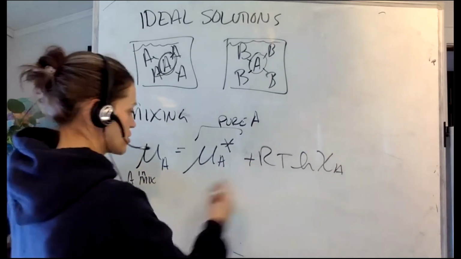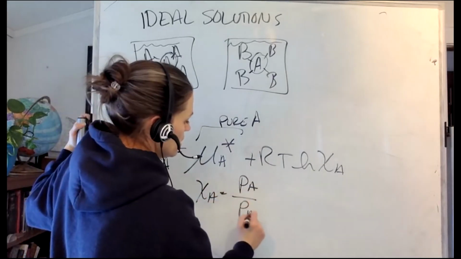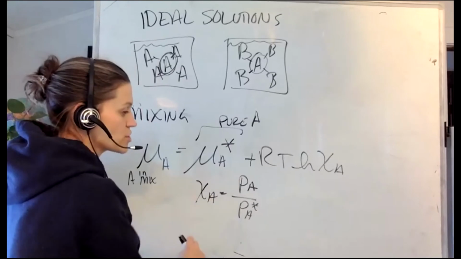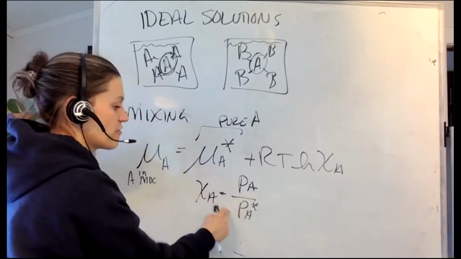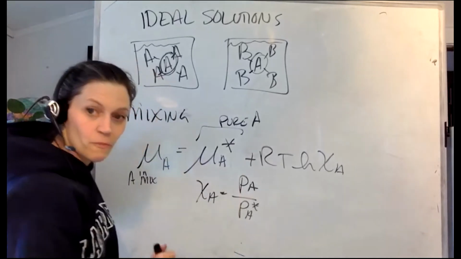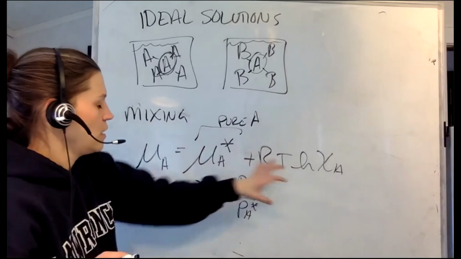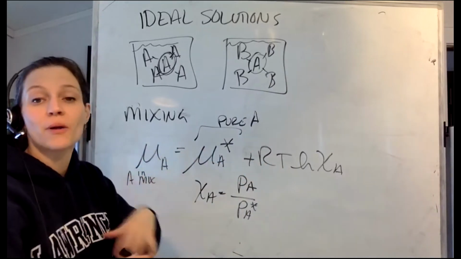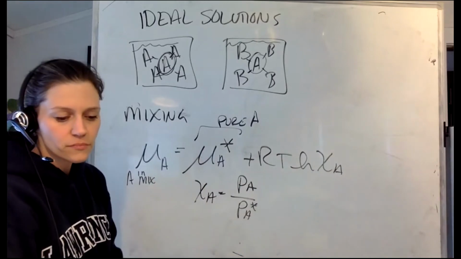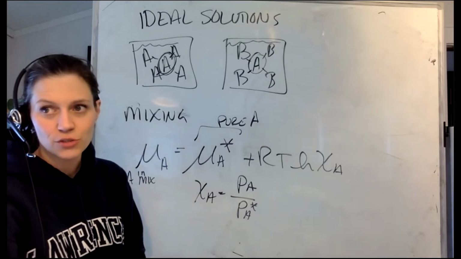And then the mole fraction is equal to PA over PA star, the vapor pressure of A divided by the vapor pressure of the pure. Cool? Okay. So this is then related to the chemical potential, of how much work energy you can extract from the mixing of the gases. Sweet.